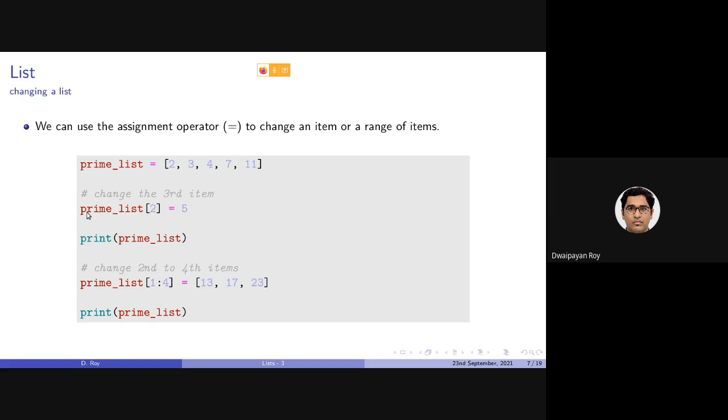So what we need to do is we just need to write the name of the list, and in third bracket we need to mention the index value, in this case 2, because I want to change the third item. So that's why 2. And 5, the new list will become 2, 3, 5, 7, 11.